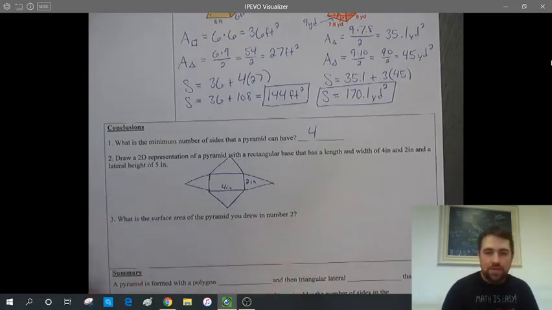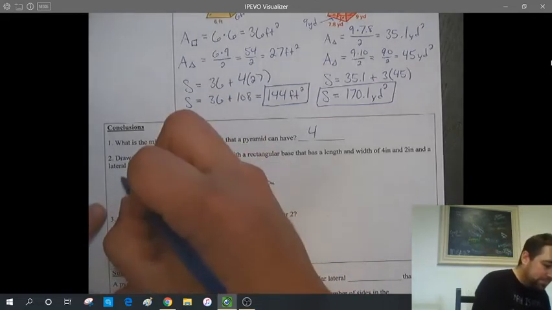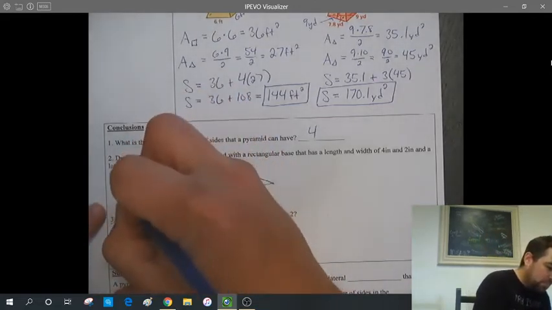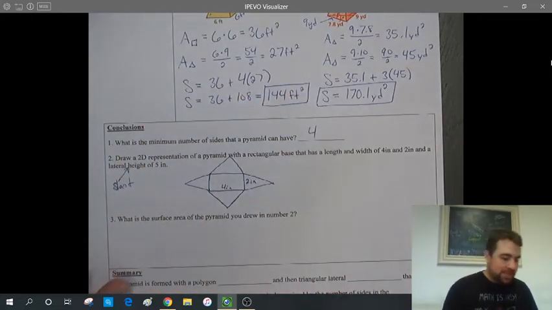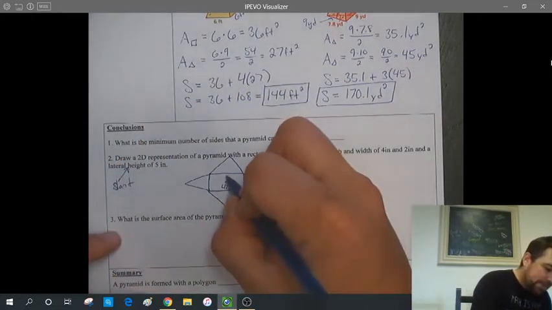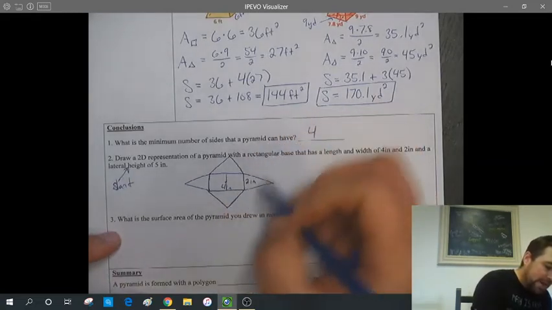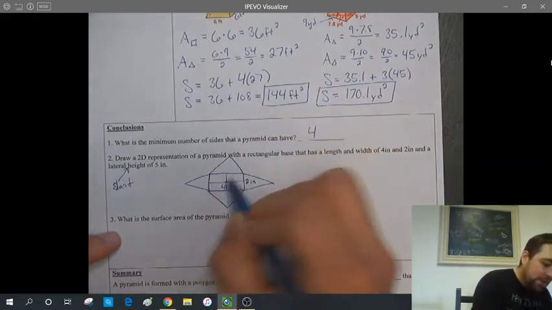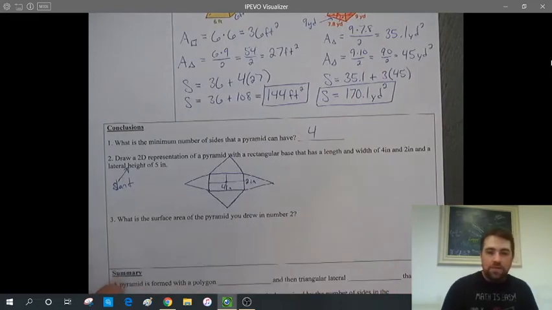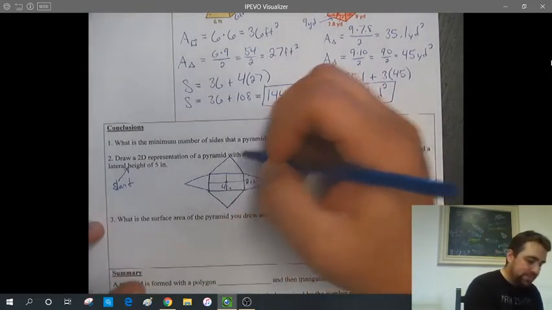I called it lateral height here, but when you have a rectangular base, because the distance from the center of that rectangle is different for each of the bases of the triangles, the slant heights are going to be slightly different.